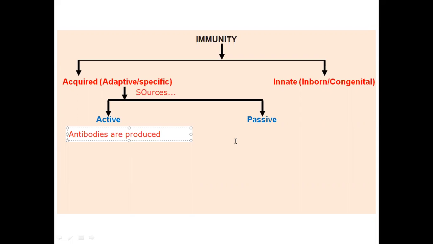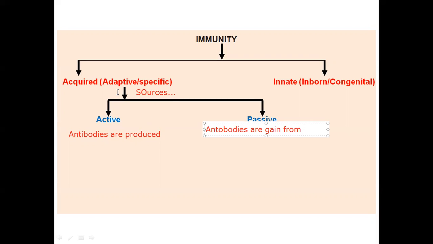But what is meant by passive immunity? In passive immunity, the antibodies are gained from others, that is from the mother, or artificially from a vaccine.